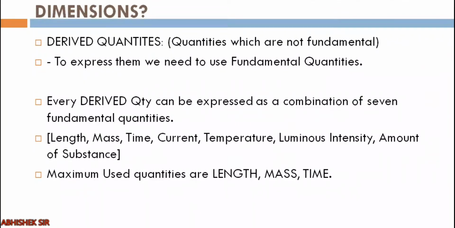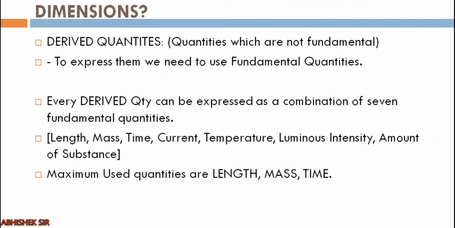But what were derived quantities? Quantities which were not fundamental, and which can be expressed by using fundamental quantities, right? So every derived quantity can be expressed as a combination of the seven fundamental quantities, right?